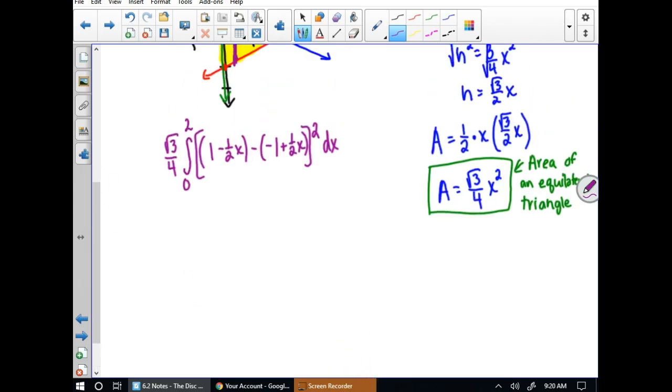And so let's simplify this here. If we distribute that negative, that's going to make that positive and this one negative. So we end up with square root of 3 over 4, integral 0 to 2 of 2 minus, you got a -1/2 and a -1/2, which is just going to give you x squared dx.